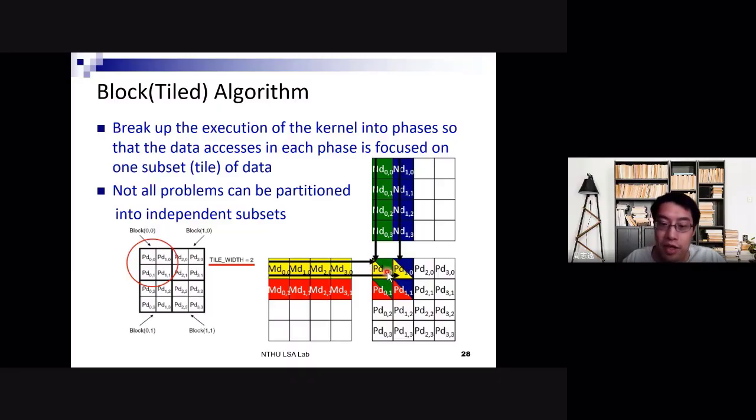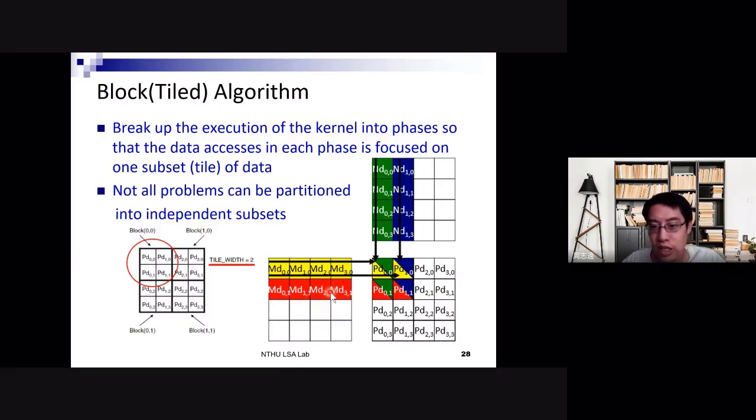Since we cannot load the whole matrix of A and B to shared memory, one simple way is to just partition the data. You can partition it any way, as long as you iterate through those partitions and perform the computation that is required on each partition.